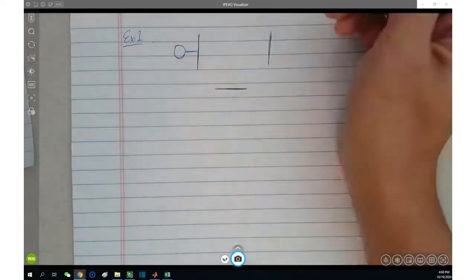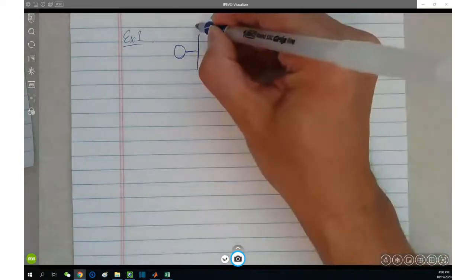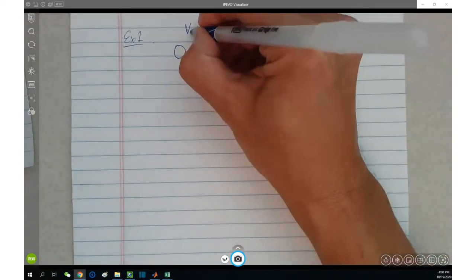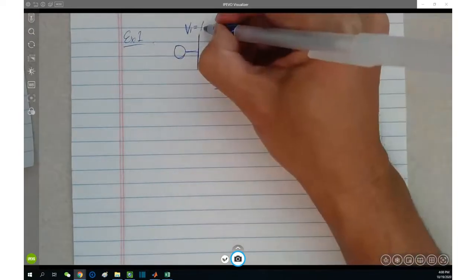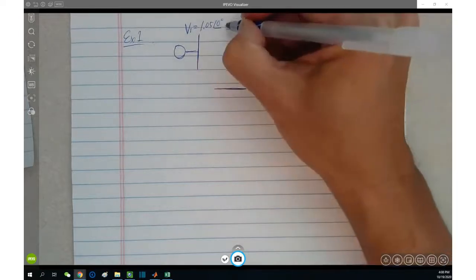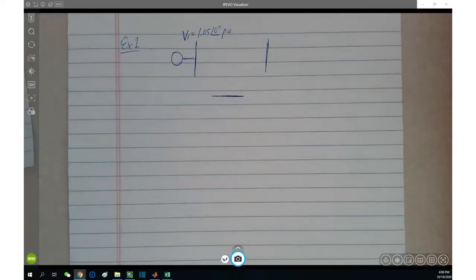Now the formula remains the same. This is bus 1. And the key is bus 1 has a voltage of 1.05 angle 0 per unit. In the given network, every quantity is in per unit.